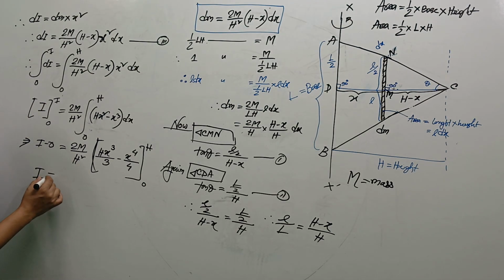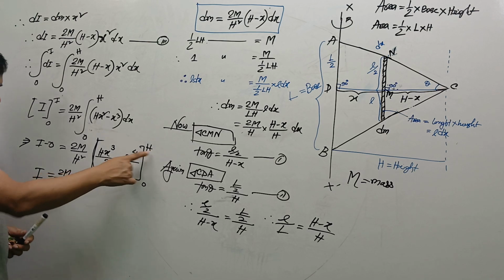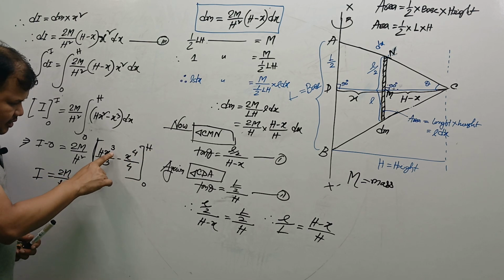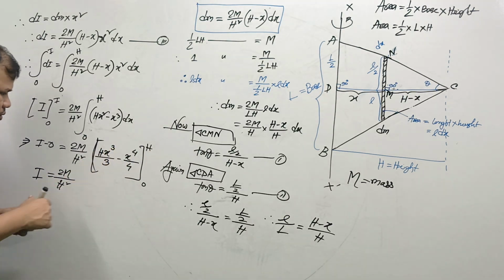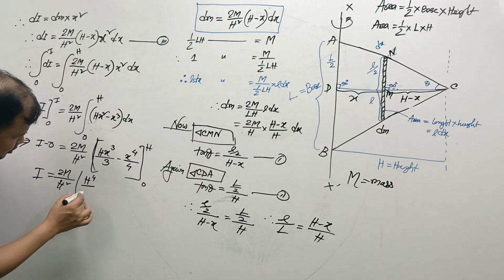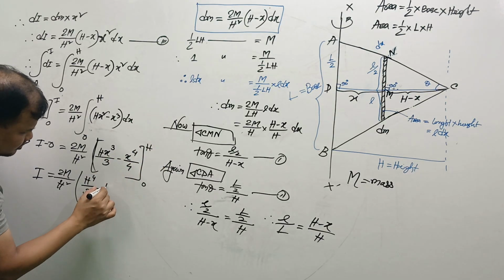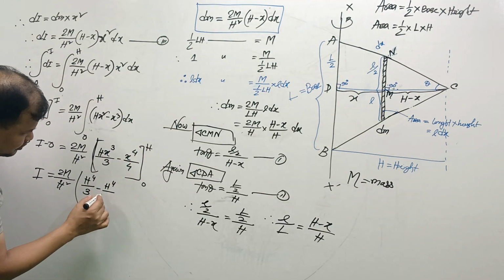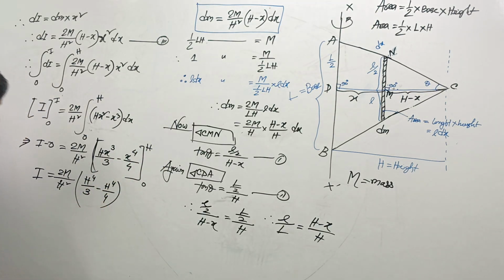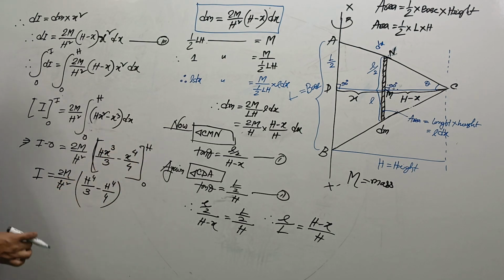This is I is equal to 2m divided by h square. Now we put the higher limit here. If we replace x by h, then the power will be h cube. So we can write here h to the power 4 divided by 3. And if we put the value of h, this will be h to the power 4 divided by 4. And when we put the lower limit, then both terms will be 0.